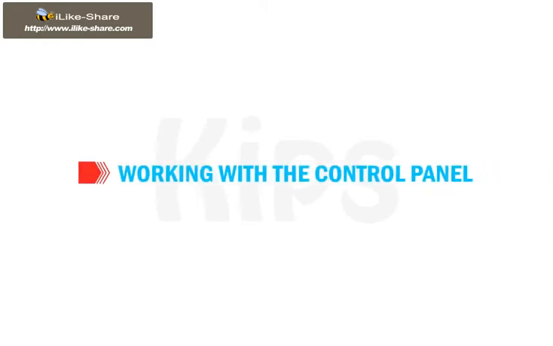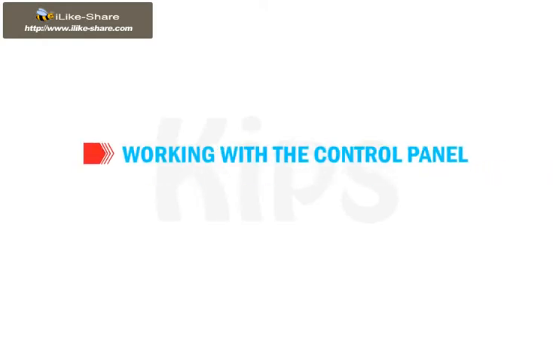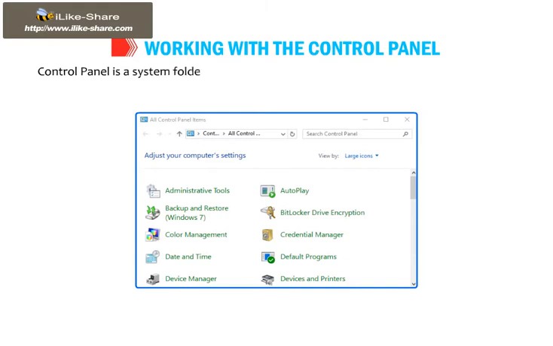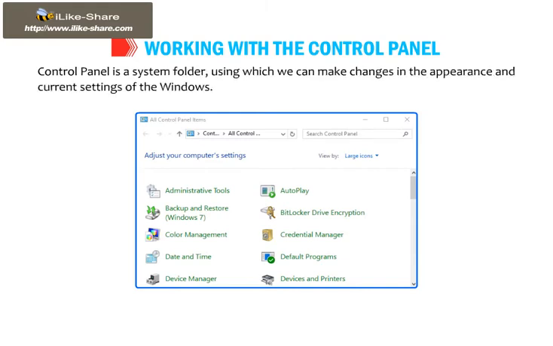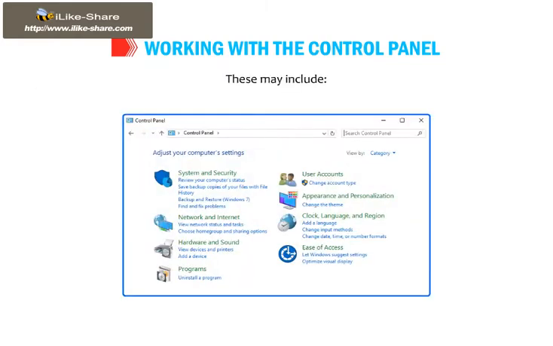Now let us learn how to work with the control panel. Control panel is a system folder using which we can make changes in the appearance and current settings of the windows. These may include appearance and personalization of the desktop, hardware and software setup and configuration, system and security, networking and internet, user accounts and family safety, setting clock, language and region.